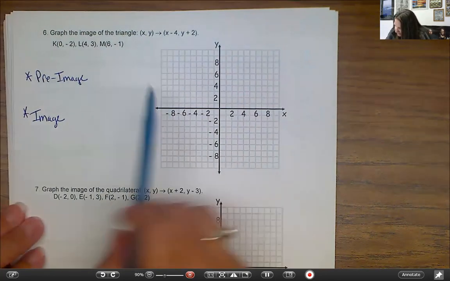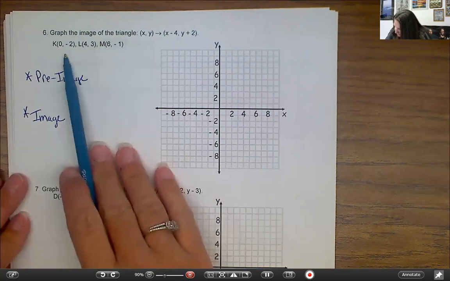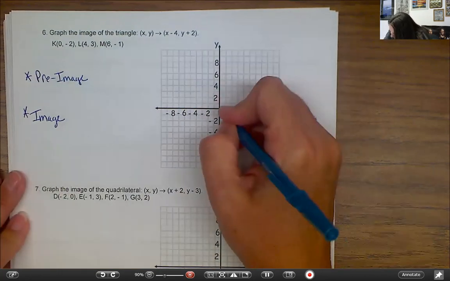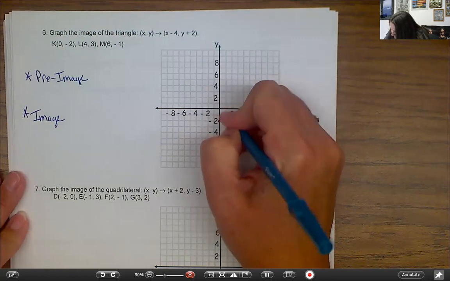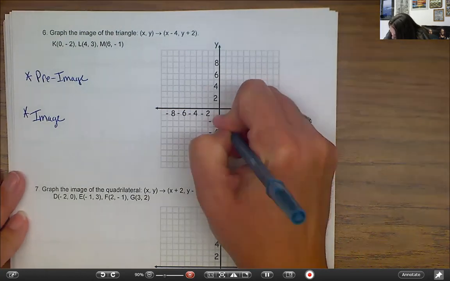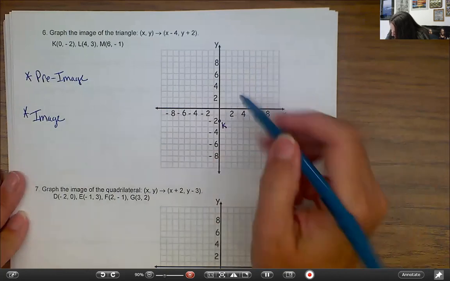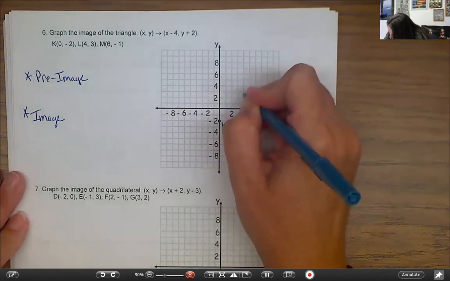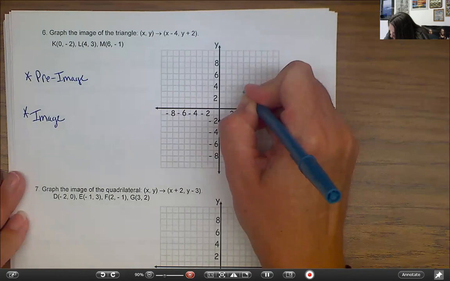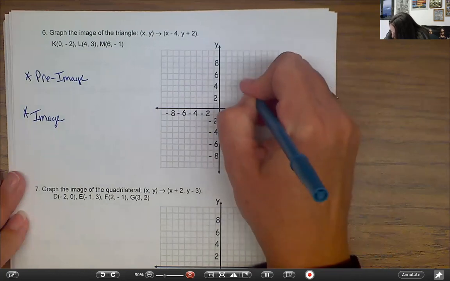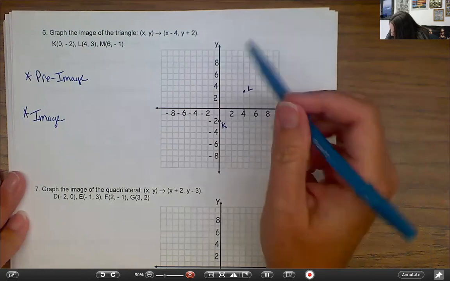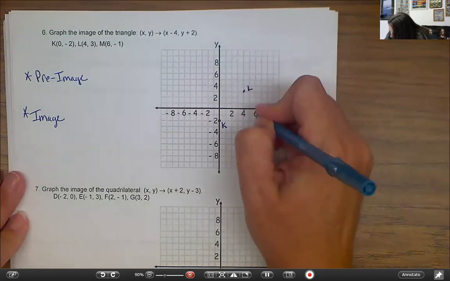So let's start with my triangle at (0, -2). There's point K. Then I've got (4, 3). There is L. And M is at (6, -1).